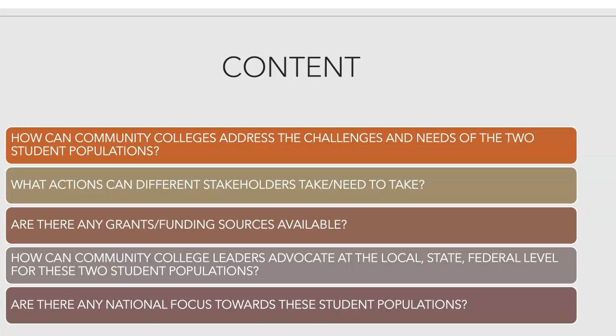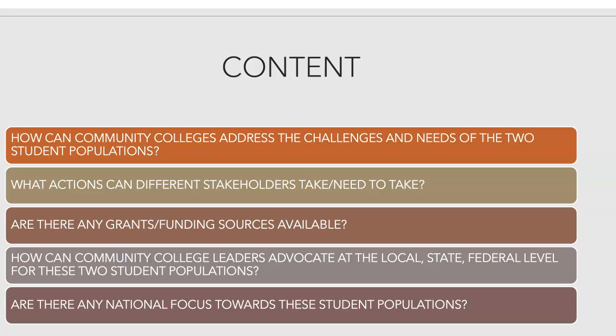And in your research, did you find any funding sources or grants that colleges could use? And sometimes, depending on what student population you've chosen, there's also a national focus on the student population. For example, for first gen nationwide, there's a push to help these students succeed because they don't have anyone to fall back on.